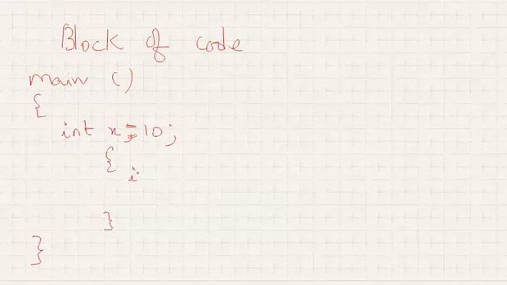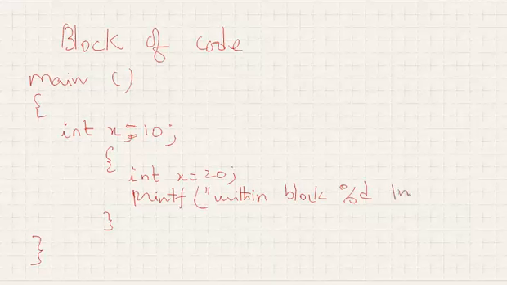Here I can say integer x equal to 20, print within block, x.